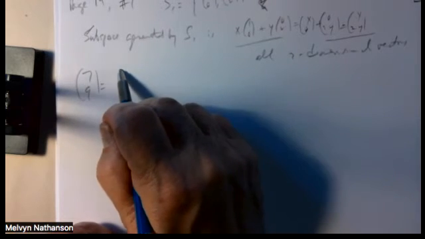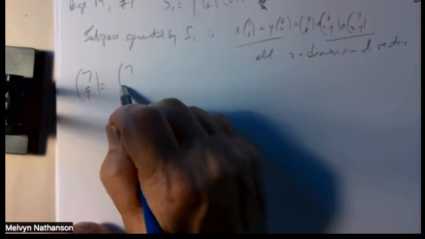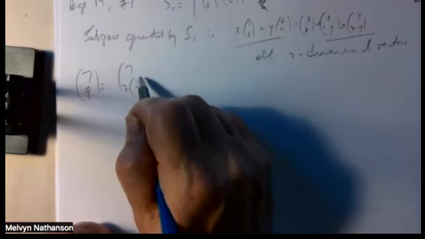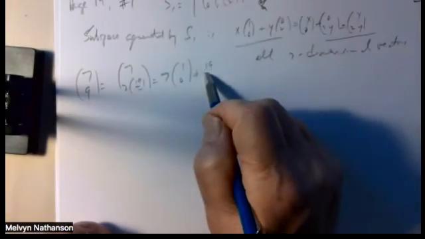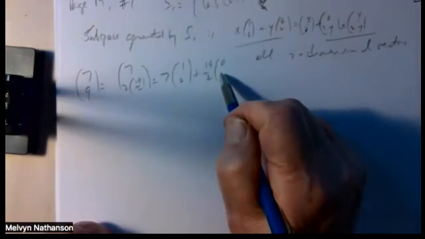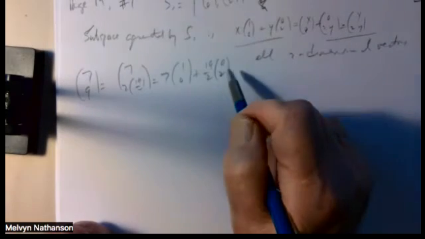Right? So, for example, if you wanted to write 7, 19, this would be 7 times the vector 1, 0, plus 19 halves times the vector 0, 2.